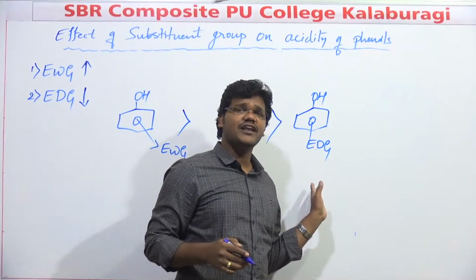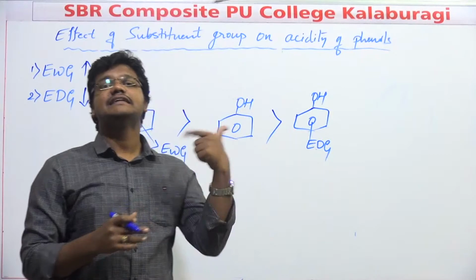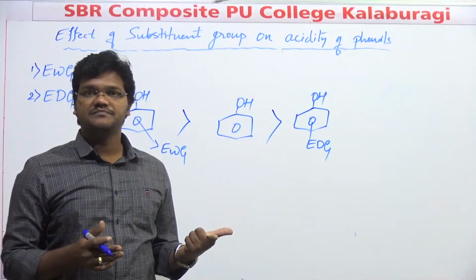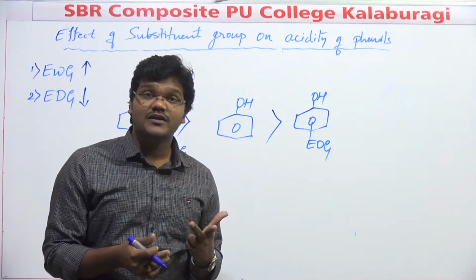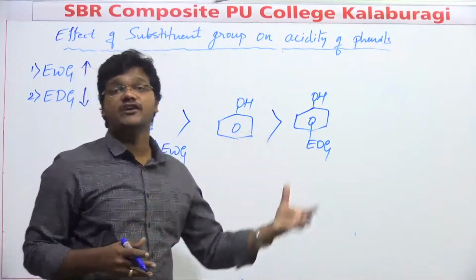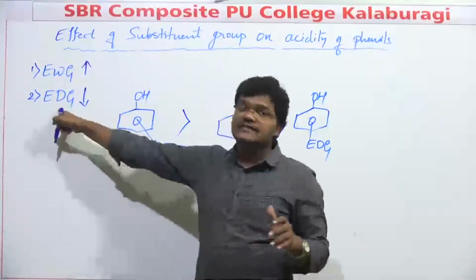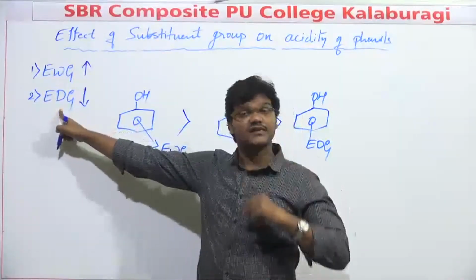Right? So examples of electron donating groups are the methyl group, CH3, ethyl groups, so all alkyl groups, or NH2, the amino group, or OCH3, the methoxy group. So these are electron donating groups, and they will decrease the acidic nature of phenol. Clear?